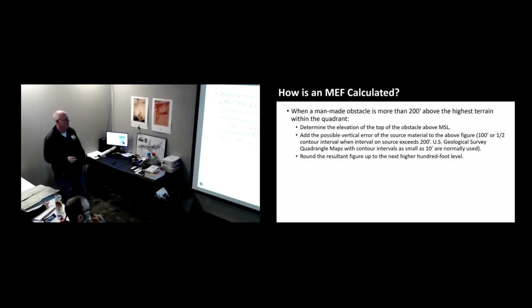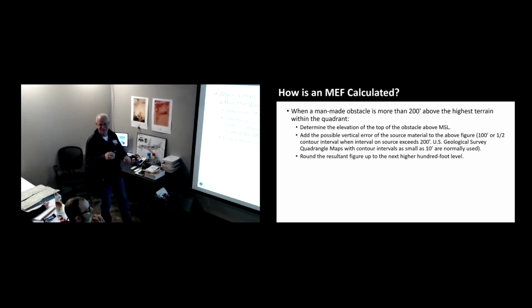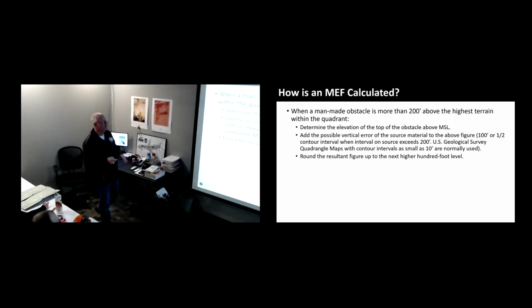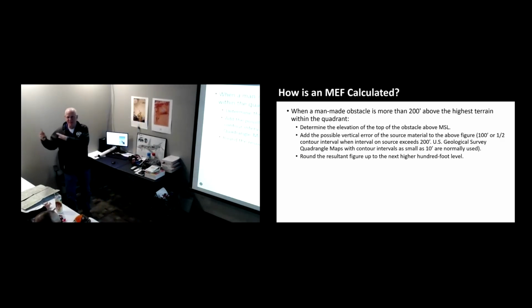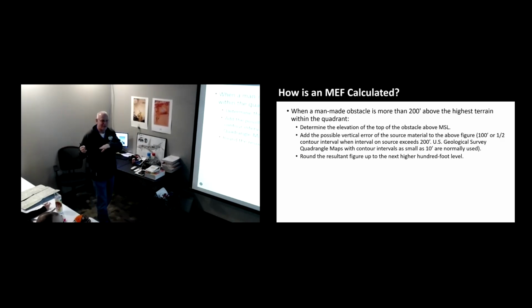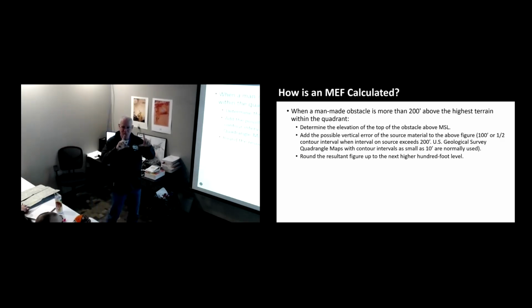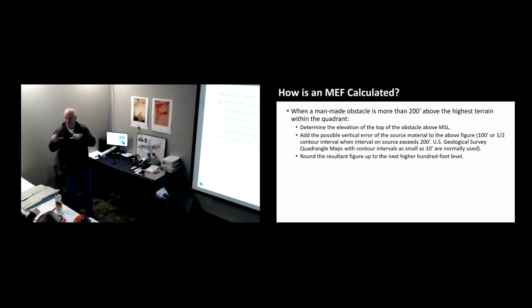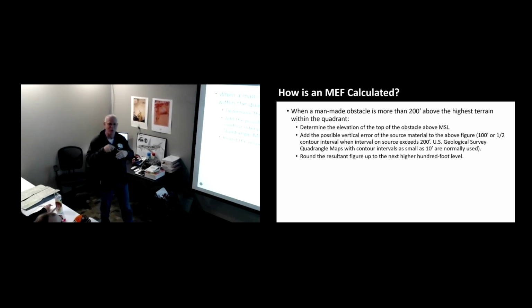All right, you need to know this, not likely, okay, but it's important to understand how the MEF is calculated. The MEF is calculated differently based on whether that quadrangle's highest point is a man-made obstacle or the highest terrain. So if the terrain is the higher of the points in that quadrangle, the MEF is calculated one way.